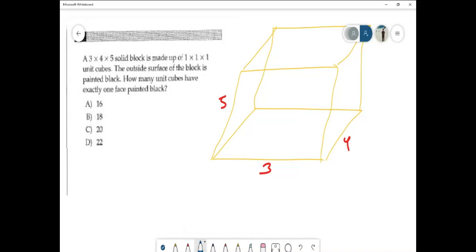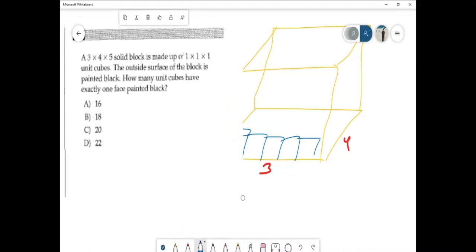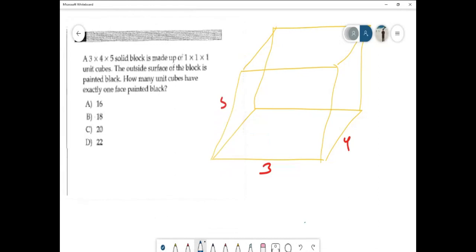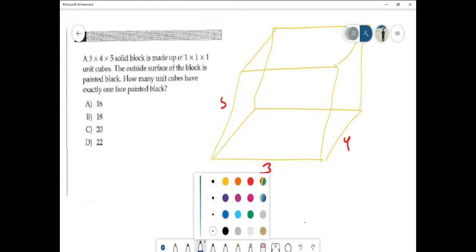This is 3, this is 4, and this is 5. It is made of 1 and 1 and 1, small cubes like this. Inside is filled with small blocks, unit cubes.